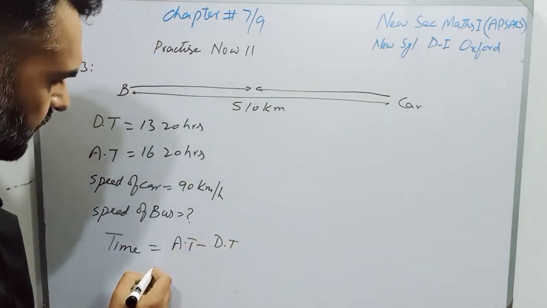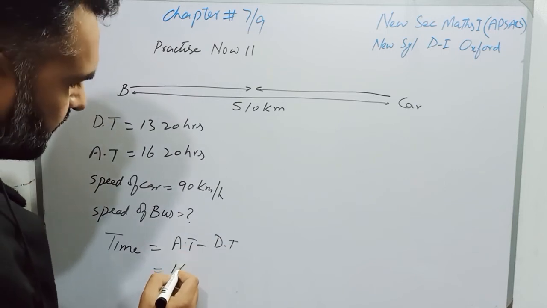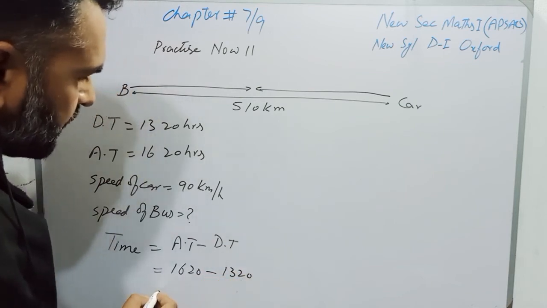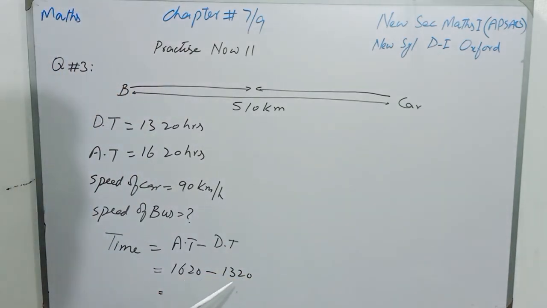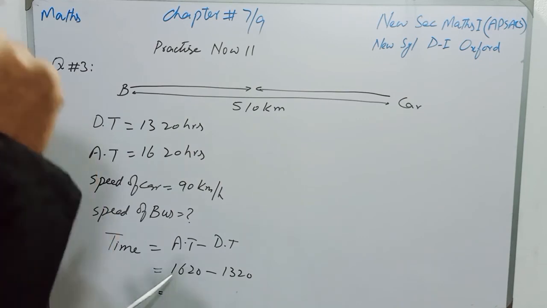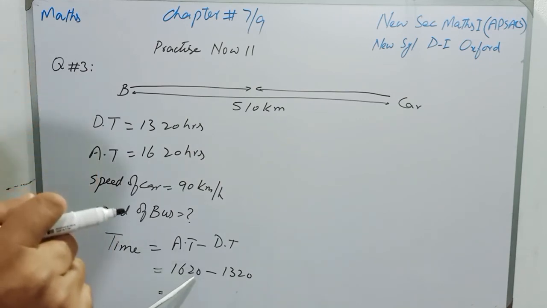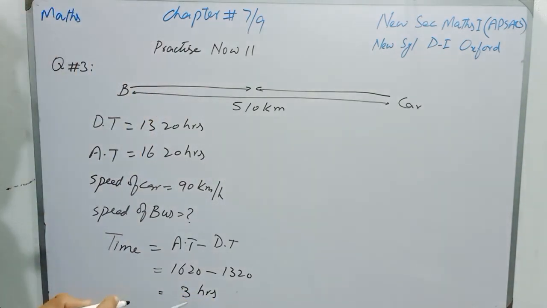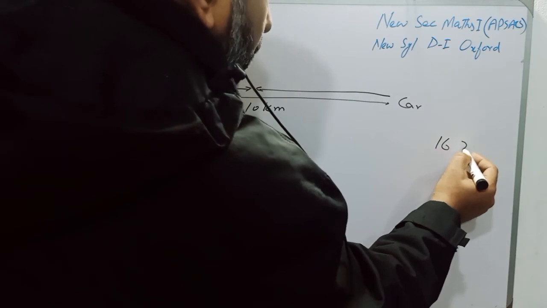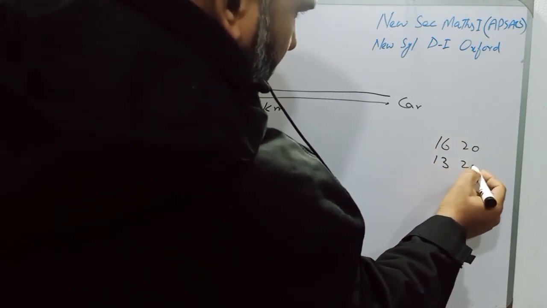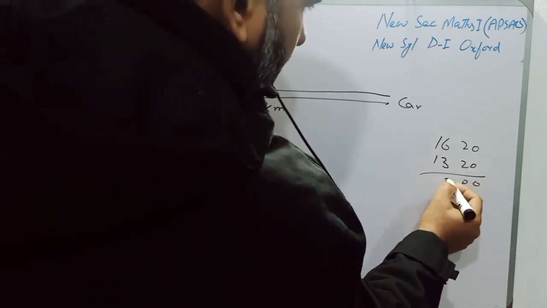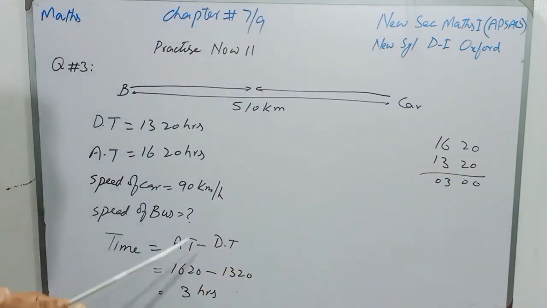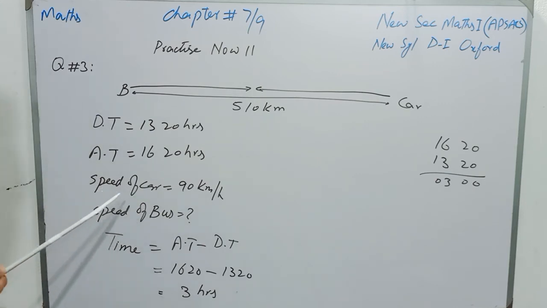Arrival time is 16:20 hours minus departure time 13:20 hours, and when we subtract 13:20 from 16:20, the time will be 3 hours. We can subtract it in this way: 16:20 minus 13:20 is 3:00, so it is written as 3 hours.